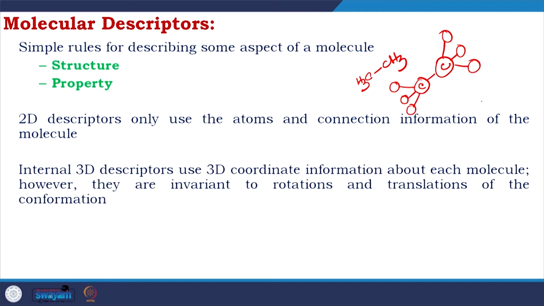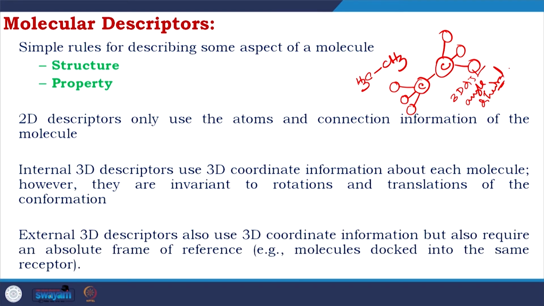Internal 3D descriptors use 3D coordinate information about each molecule. So, it will show the 3D distance, angle, dihedral and all those information. However, they are invariant to rotation and translation of the conformation.